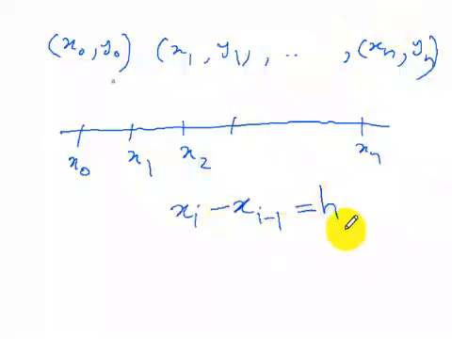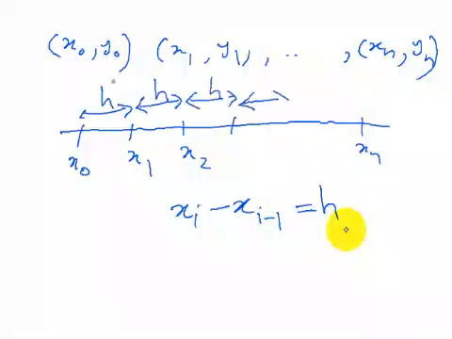The same value. The gap between any two is equal to the number h, because this is an equally spaced data set.